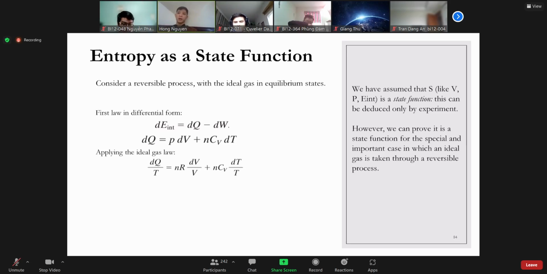Now, if we apply the ideal gas law, what do we have? Firstly, we divide by the temperature on both sides, and here we replace the new expression.